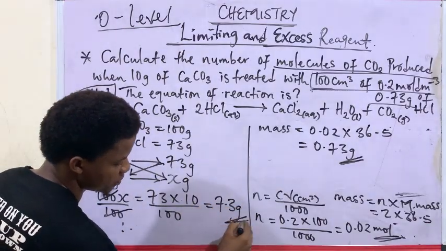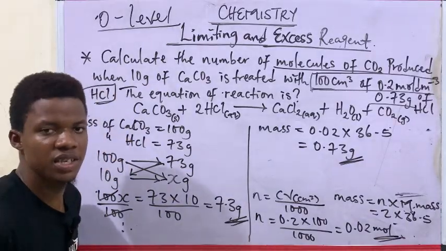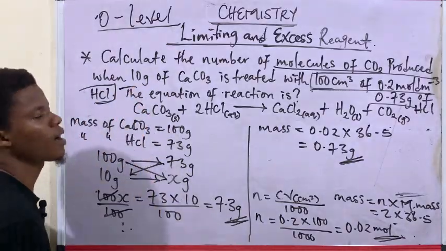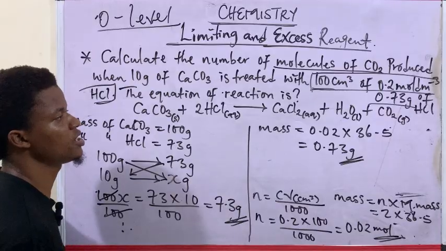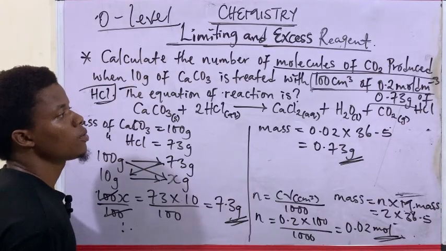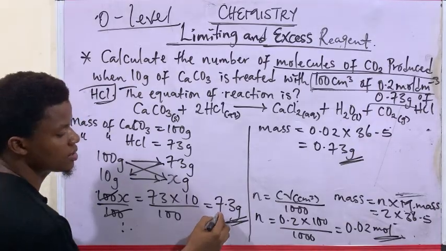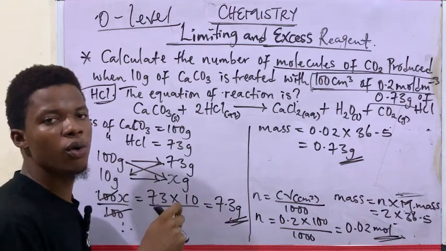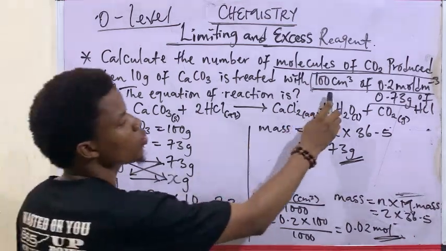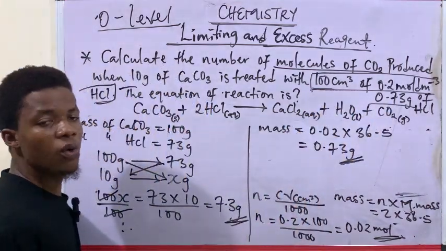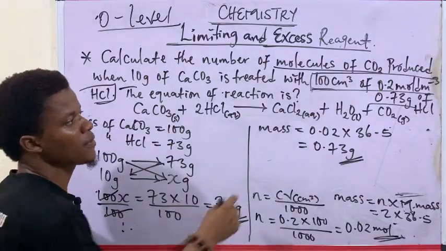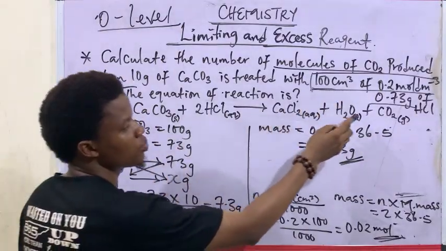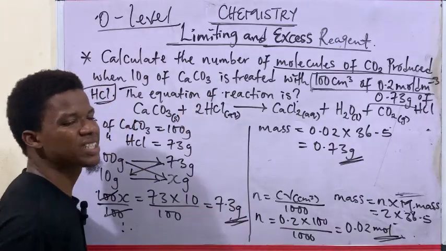7.3 gram. So it therefore means that 10 gram of calcium carbonate will require 7.3 gram of HCl. But in the question, when we resolve this, what mass of HCl were we given after resolving this mystery in the question? We're given 0.73.